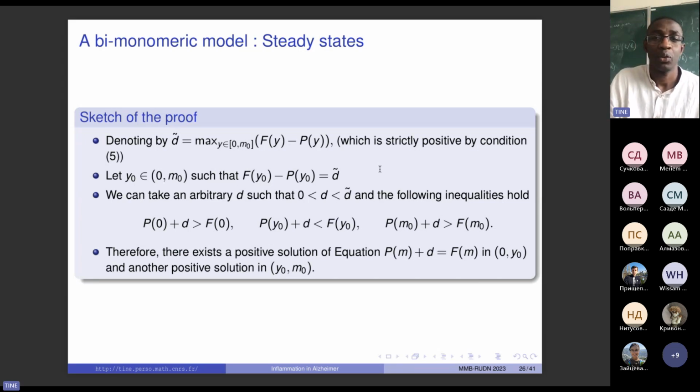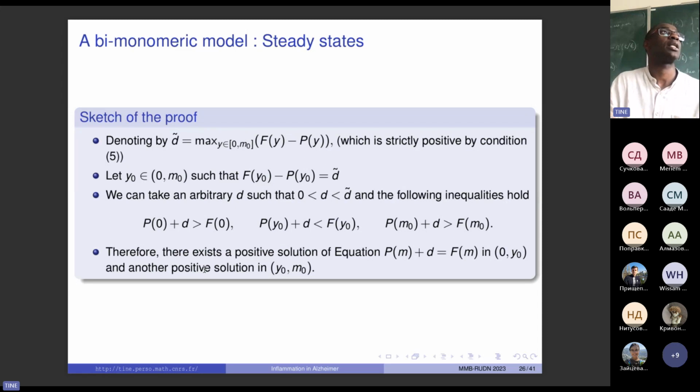To do that, you can put D tilde as the difference from D naught. We can take the inequality that we have and say that we have the existence of a positive solution of this.